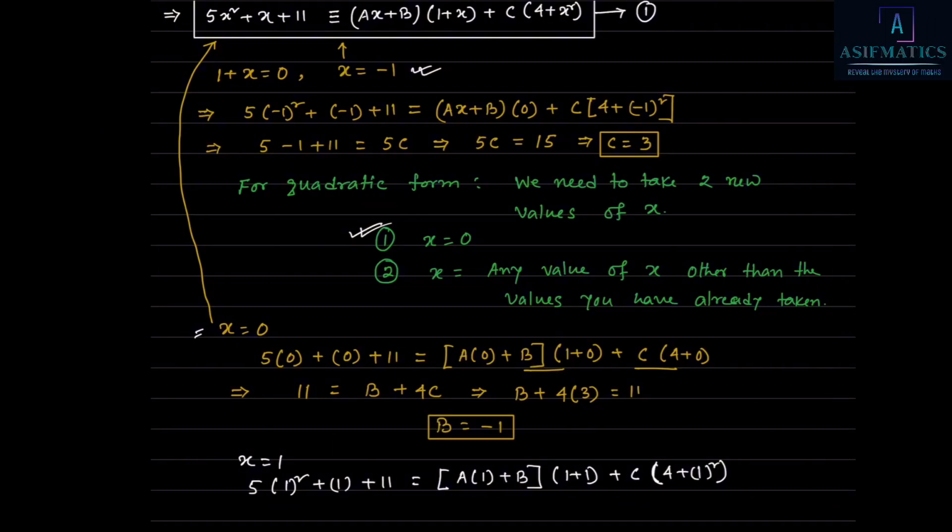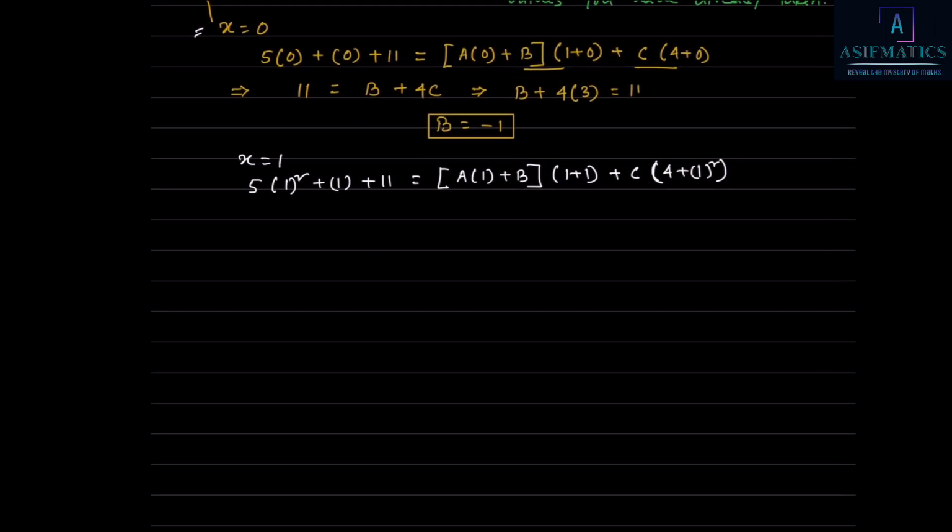Alright, so let's calculate from here. This is 5 plus 1 is 6, plus 11 is 17, equals, here we get 1 plus 1 is 2, so we get 2a plus 2b, and here 4 plus 1 is 5, so this will be 5c.